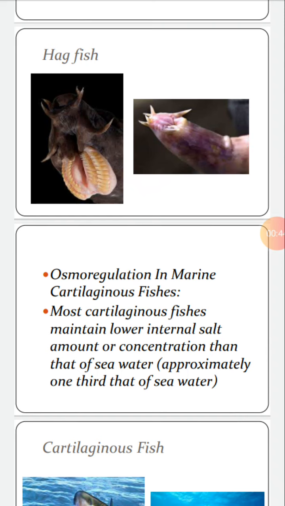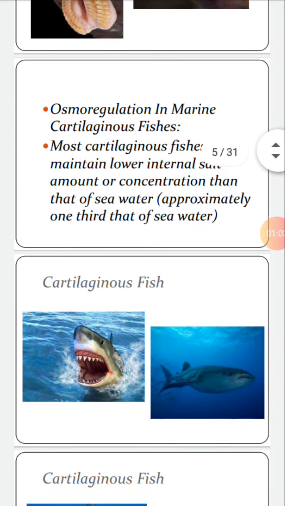Now, osmoregulation in marine cartilaginous fishes. Most cartilaginous fishes maintain a lower internal salt concentration as compared to external seawater, approximately 1/3 that of seawater. Now, images of cartilaginous fish.